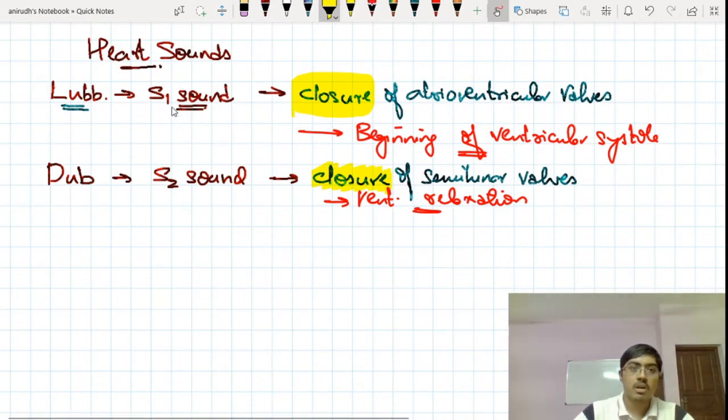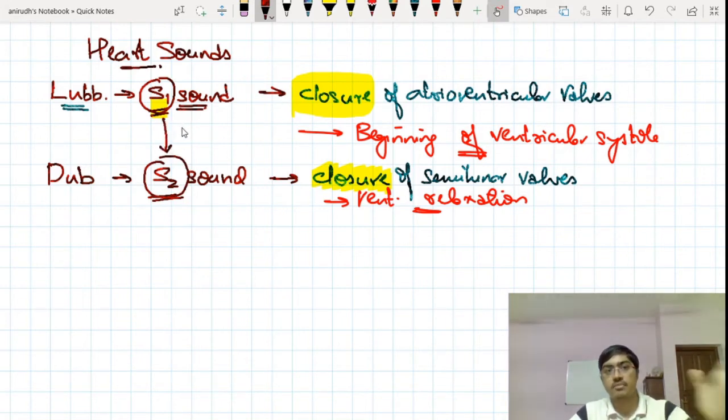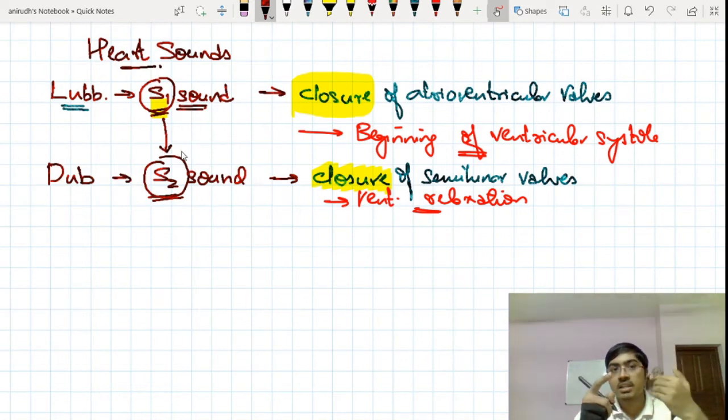Now if I talk about S1, first you hear an S1 in the stethoscope, isn't it? How will you hear this? Using a stethoscope. So you hear the S1 sound in a stethoscope, and then you hear an S2 sound. From S1 to S2, what is actually happening? First you hear an S1, then there is a very small gap, and then you hear the S2.